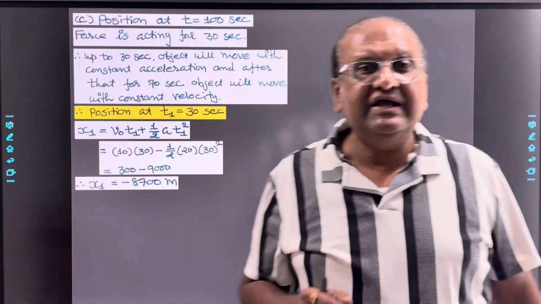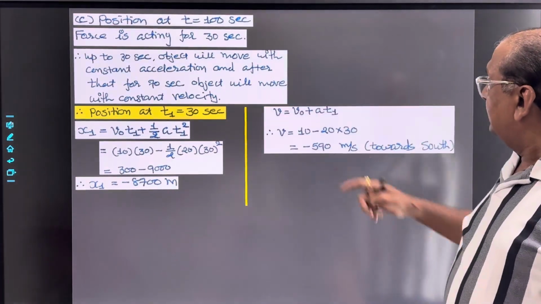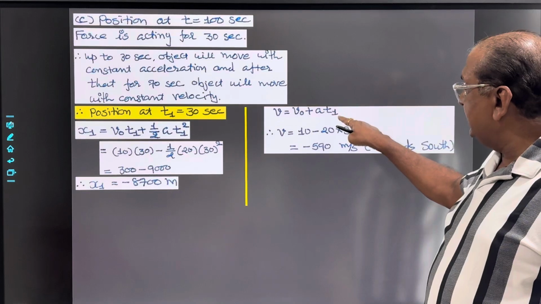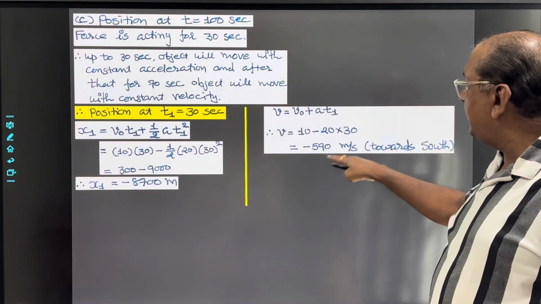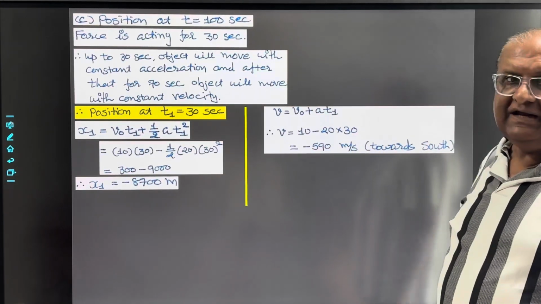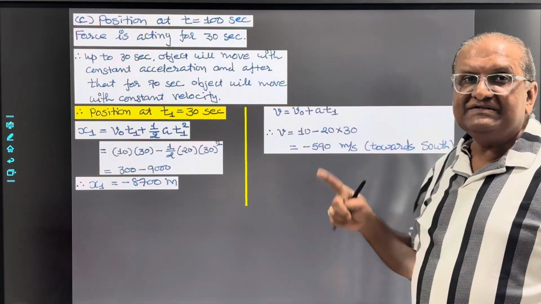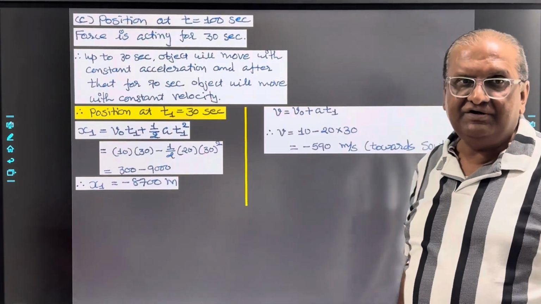Now we have to find the velocity attained by the object after 30 seconds. So we can use the equation v equal to v0 plus at. So v equal to 10 minus 20 into 30. So that is minus 590 meter per second. This negative sign represents that the velocity is in south direction.